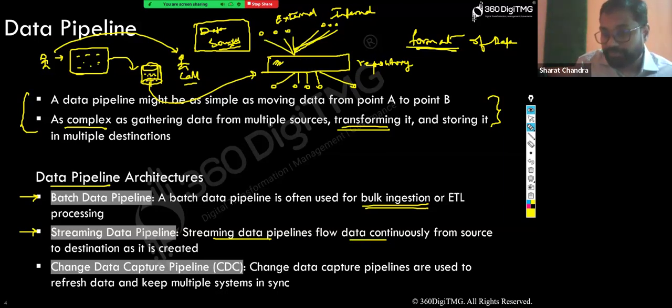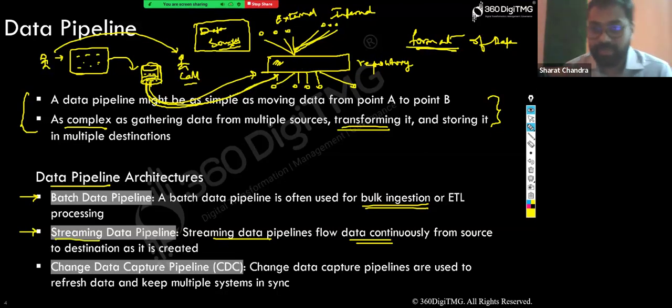Here, the continuous flow of data happens. It's not shut down. As the data is getting generated, we push it there. The data is actively flowing. This one is called a streaming data pipeline.